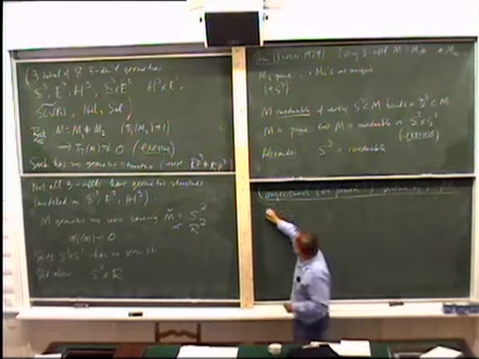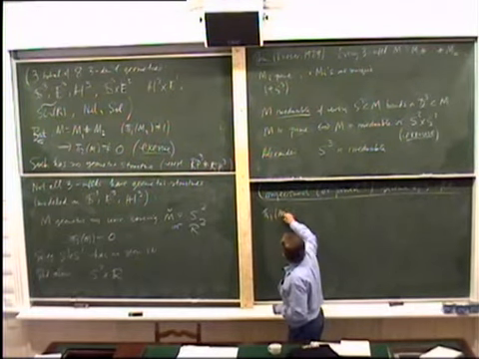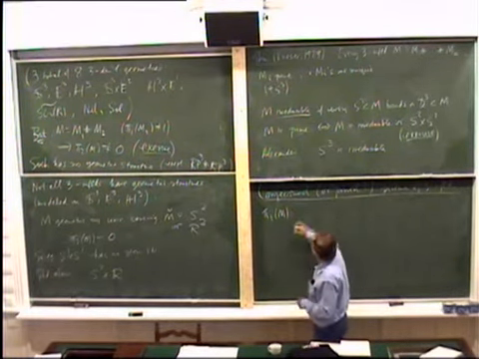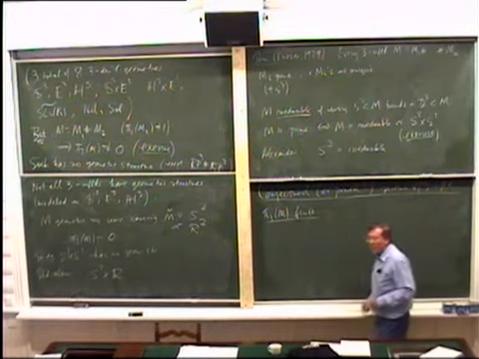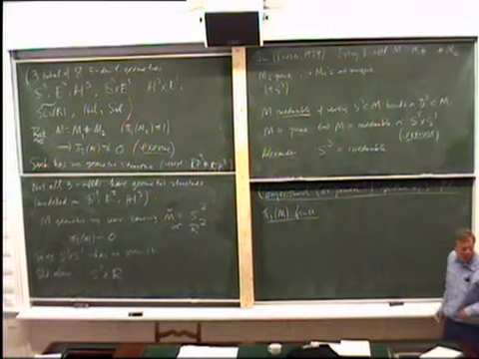Okay, so the first case would be where you've got a closed three manifold, orientable, I'm assuming, and pi1 of M is finite. So what's supposed to be the situation there?